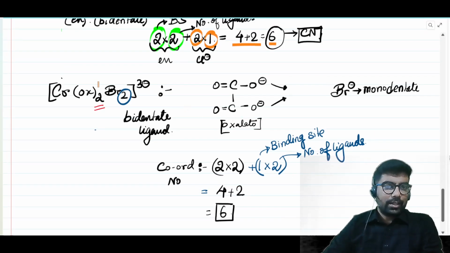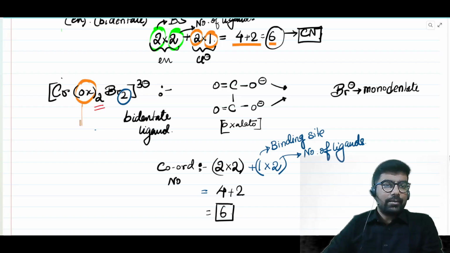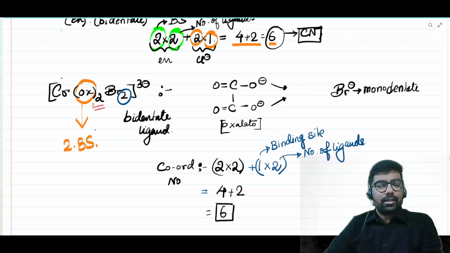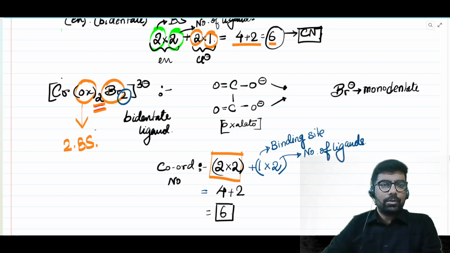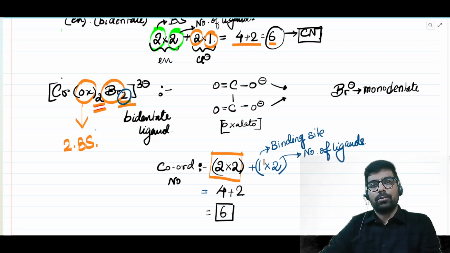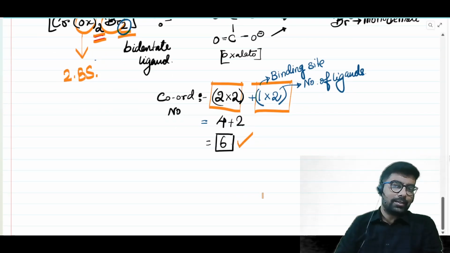For oxalato, again a bidentate ligand, meaning 2 binding sites, and the number of ligands is 2, so 2 into 2, 4. Along with this, there are 2 bromines present, with 1 binding site each. Just add up the total: 4 plus 2, and we have 6. So the coordination number is 6.